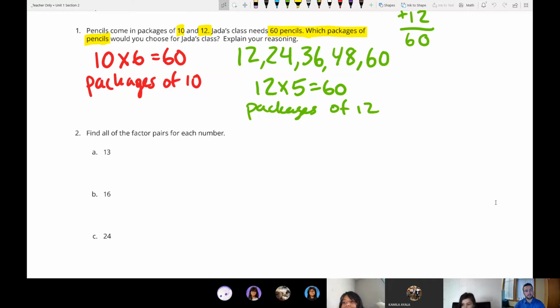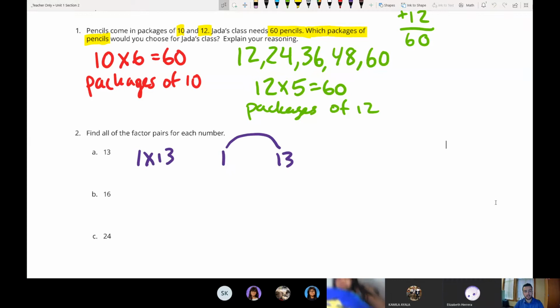Okay. Elizabeth, what are the factor pairs of 13? Elizabeth, are you there? I saw your hand pop up. 1 times 13. So if I add that to my factor rainbow, I have 1 and 13 there.